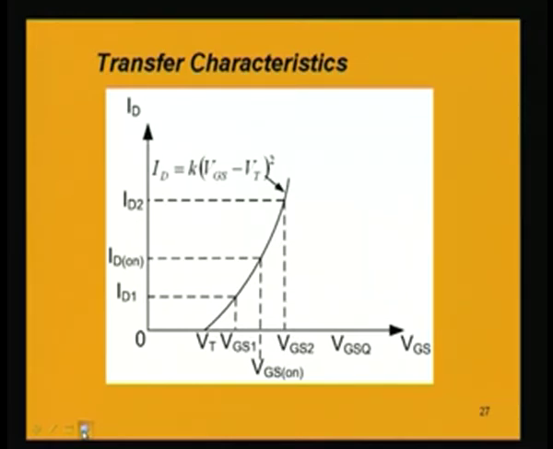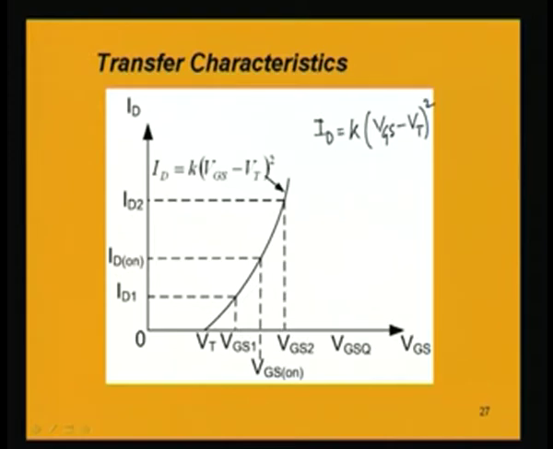So, in order to draw the transfer characteristic for this enhancement type MOSFET, we know the current relationship, which is ID equal to K into VGS minus VT whole square. Of course, this is in the saturation region, because we are employing the MOSFET under saturation only for amplifier.